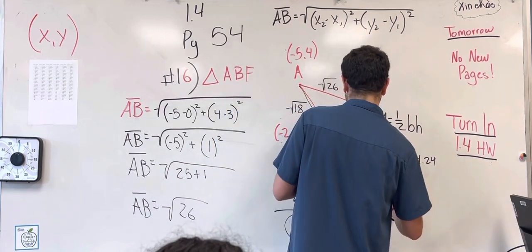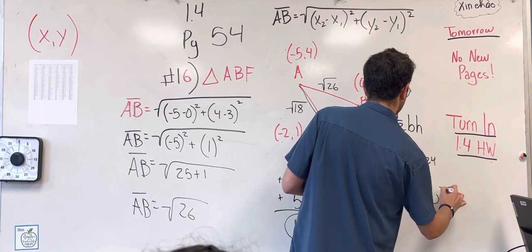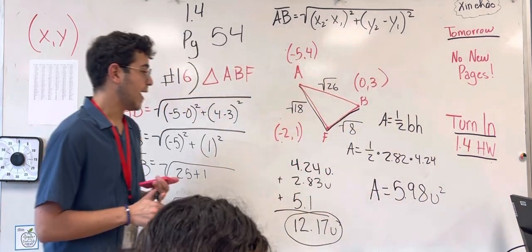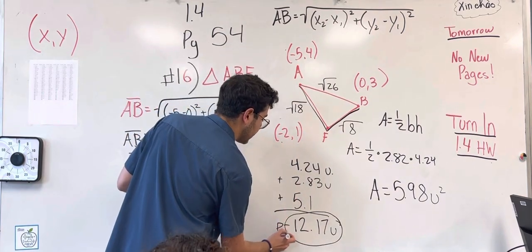The area is 5.98 units squared. And there we have our perimeter and our area.